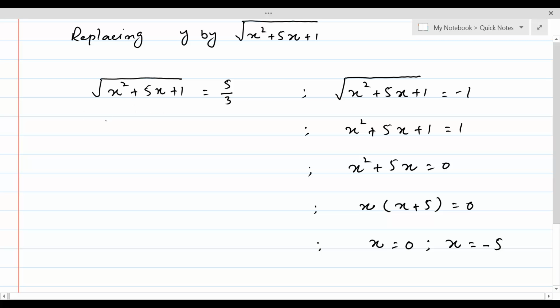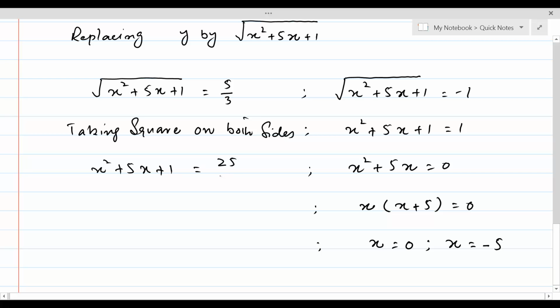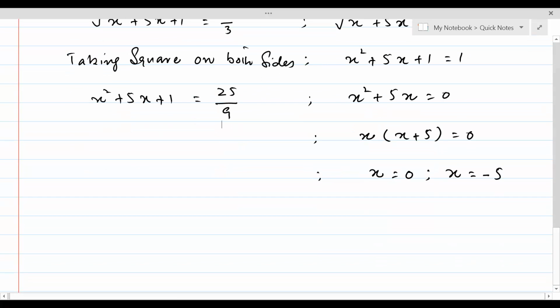Similarly, we take square on both sides. Taking square on both sides, we'll have x square plus 5x plus 1 equal to 25 over 9, and then multiplying 9 on both sides will give us 9x square plus 45x plus 9 equal to 25.